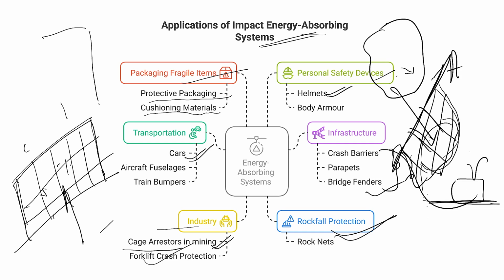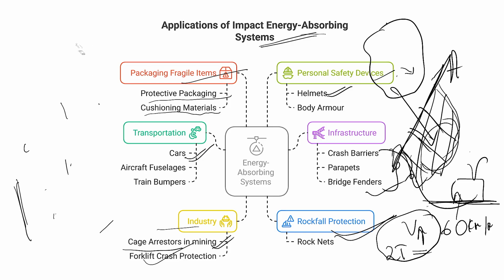We have seen the design of a rockfall system where it can stop a vehicle moving at a velocity of around 60 km per hour, and the vehicle is around a 2-ton vehicle, our normal car. This mimics the normal car. So, different types of application of energy absorption systems we have seen.